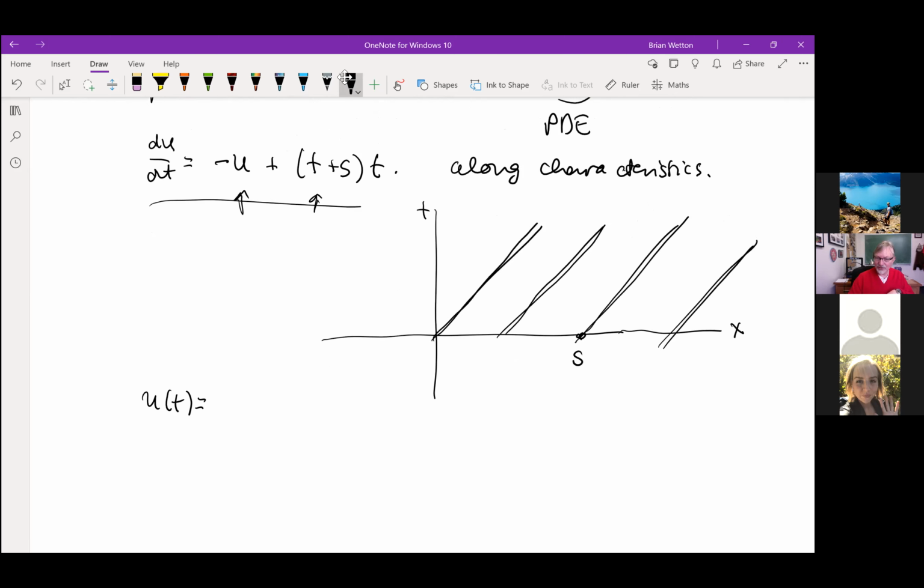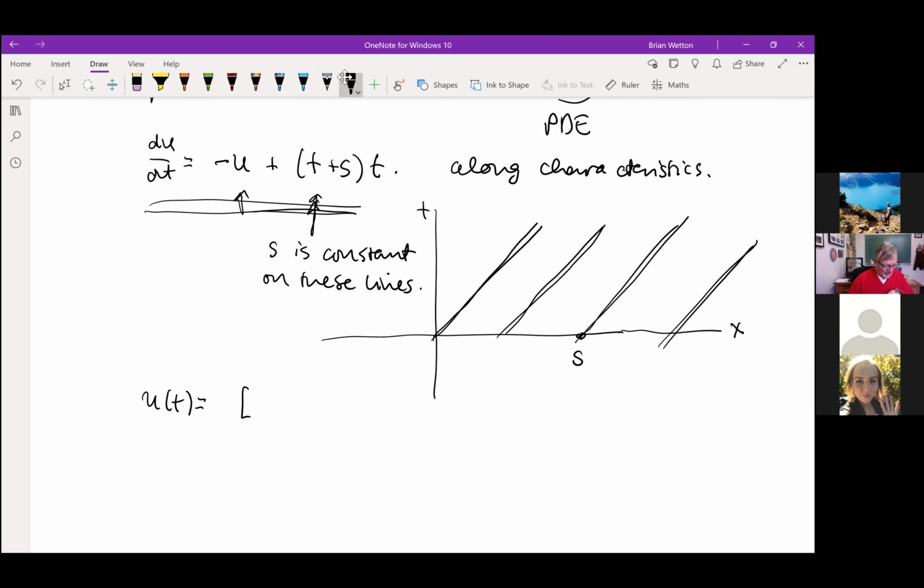I could do that integral, or I could do the method of undetermined coefficients. Remember, along these lines where I'm looking at these equations, s is constant. So t is varying, but s is just constant.